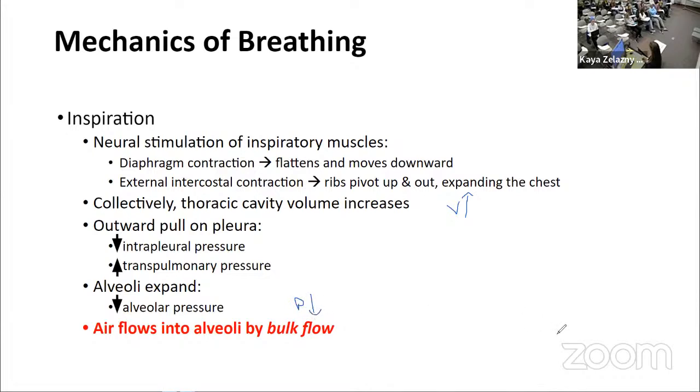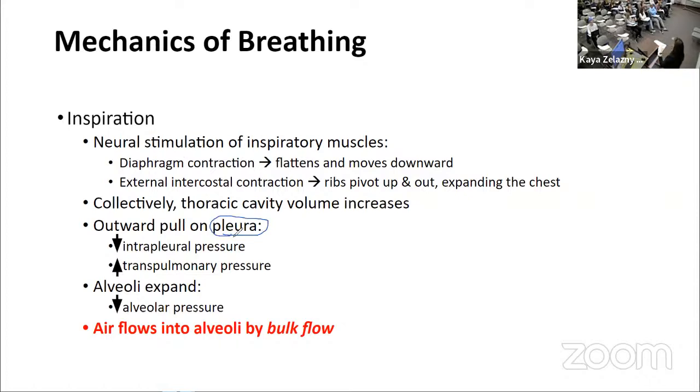Because this is a trade-off. We have some intermediate steps we might think about here. If we're thinking about all the steps that would have to happen when we contract those muscles, what they're actually pulling on are the bones. The bones are attached to soft tissue, like membranes and layers, including our pleura, that sac surrounding the lung.